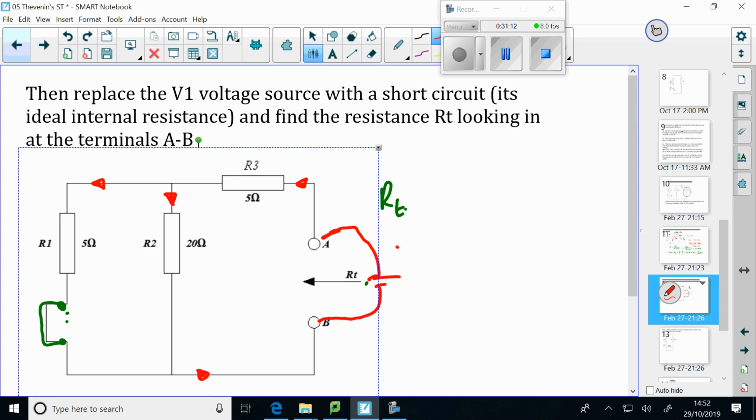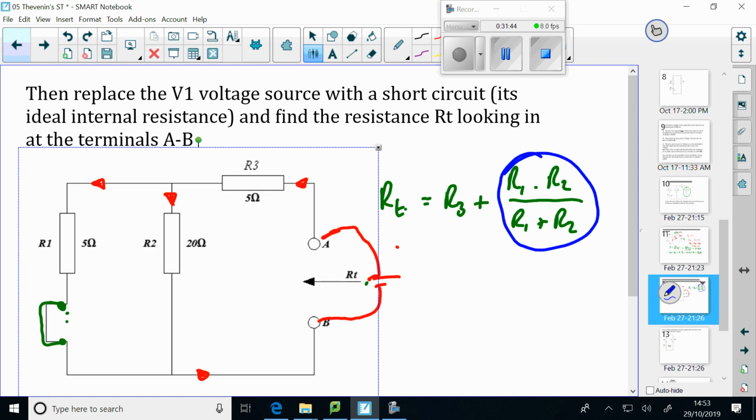So we can say R little t is equal to R3 plus, because it's in series, and then because we only have two, we can do product over sum with R1 and R2. So R1 times R2 over R1 plus R2. If you're more comfortable not writing that in one go and doing that bit first separately and then adding it to the value of R3, I don't care.